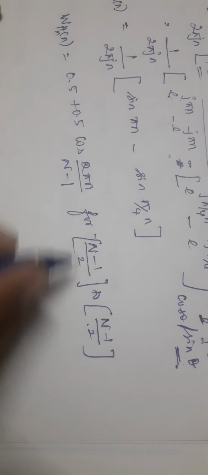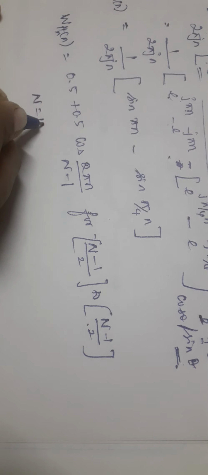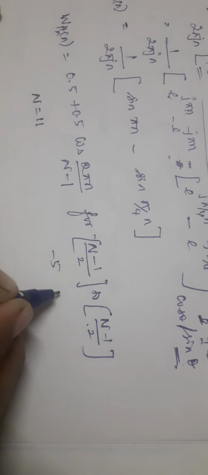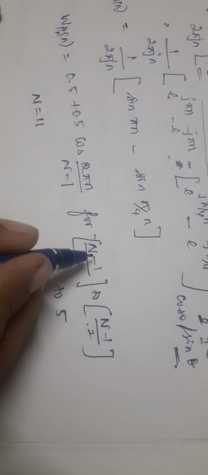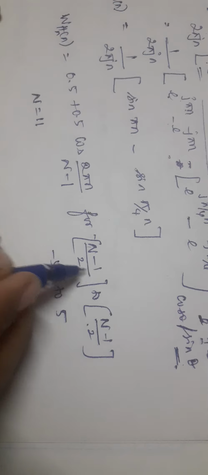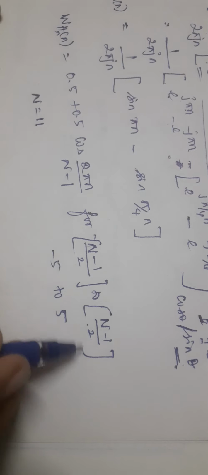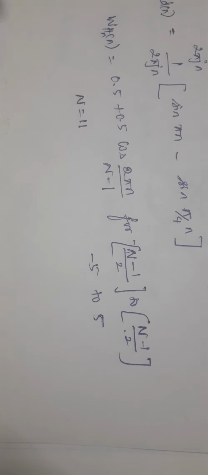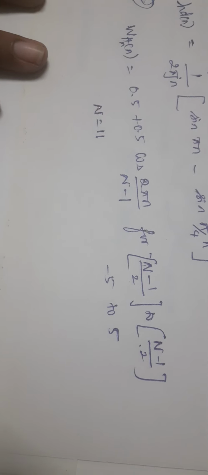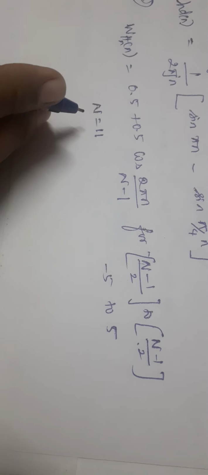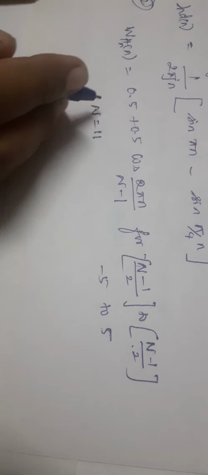So here we have the samples, n is equal to 11. So the values will range from minus 5 to plus 5, that is minus of 11 minus 1 divided by 2 to plus 5. Then find the values.